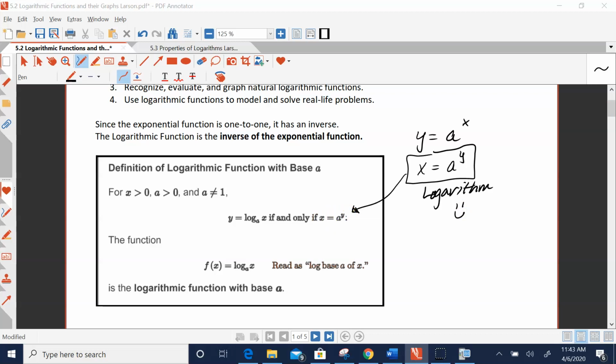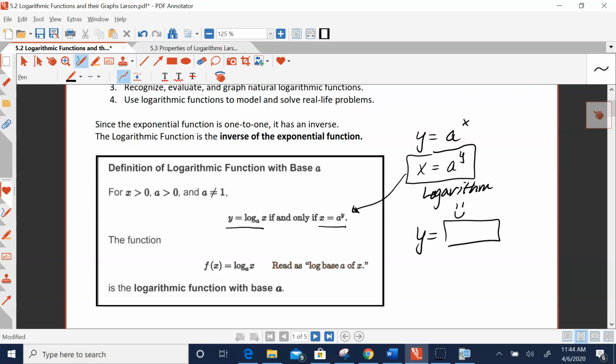But when we're working with functions, we want our function in a y equal format. So we take x equal a to the y and define it as y equal log base a of x. So these two are actually a logarithm. One is in the y equal format, one is in the x equal a to the y format.